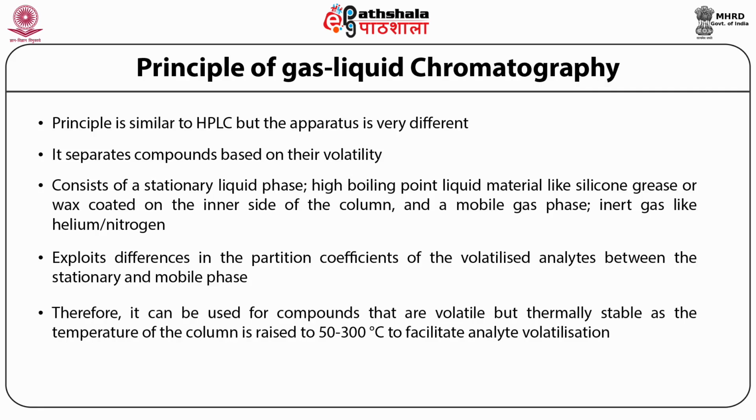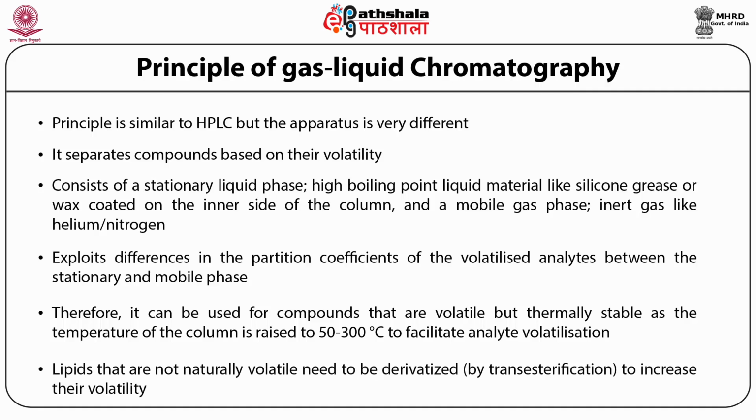Therefore, GLC is mostly used for those compounds that are volatile but are thermally stable, as the temperature of the column is raised to 50 to 300 degrees Celsius to facilitate the volatilization of the analyte. Because the temperature is increased to such high degrees, the compound needs to be thermally stable, as I mentioned here.